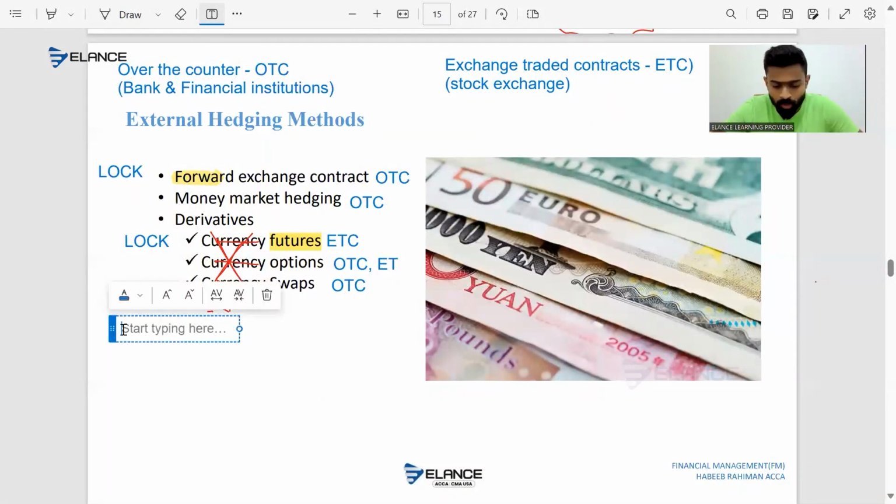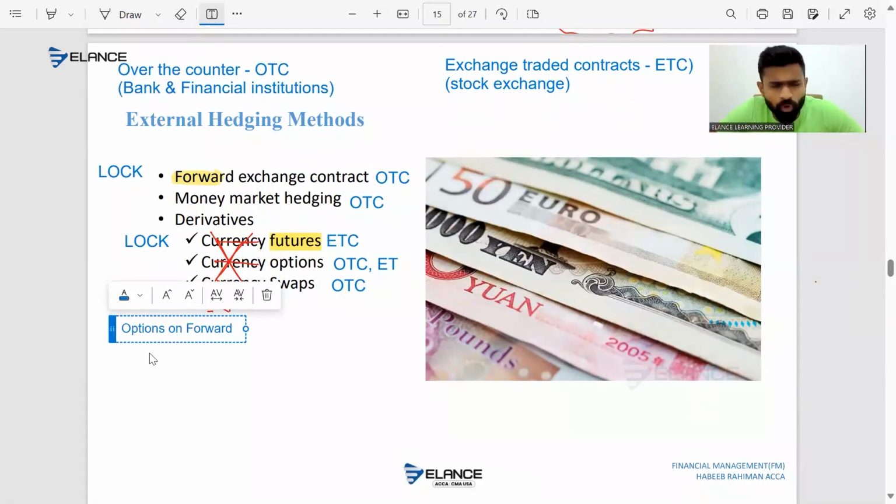Options on forward. That means we have not taken a lock-in rate. By paying a premium, we took an exercise price. These options are options on forwards. Forward is an over-the-counter option.